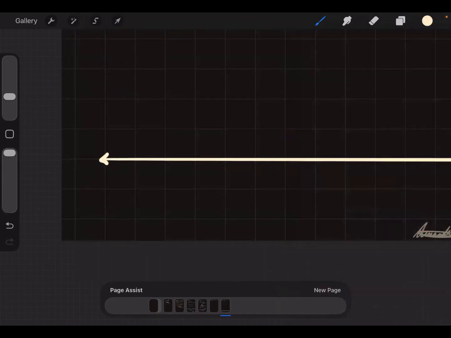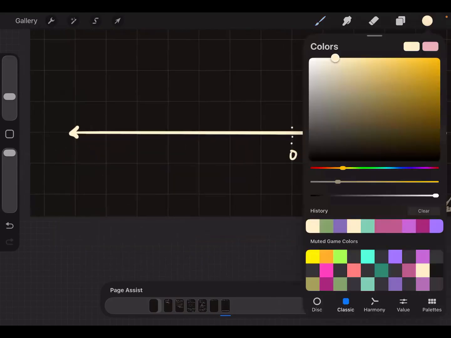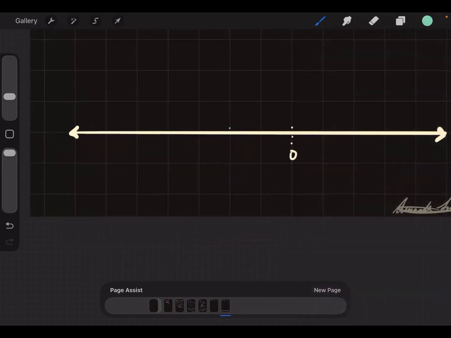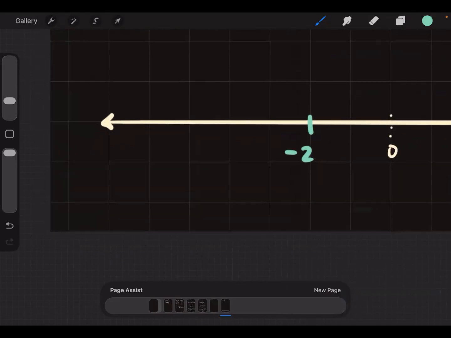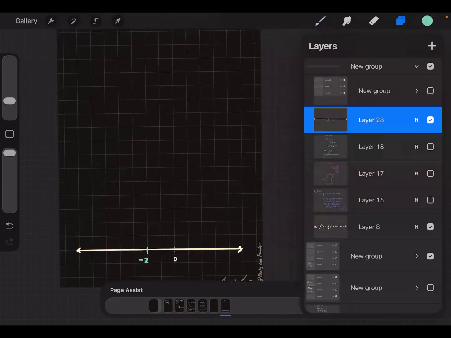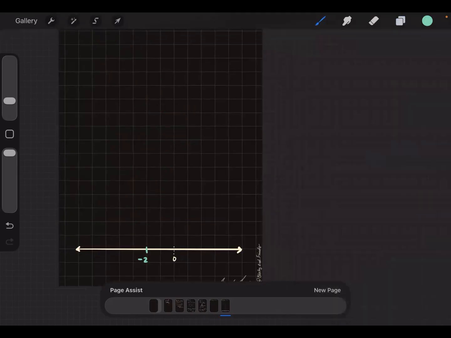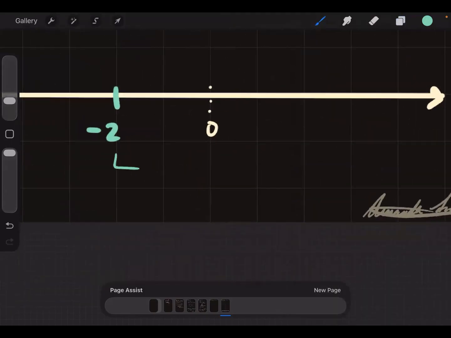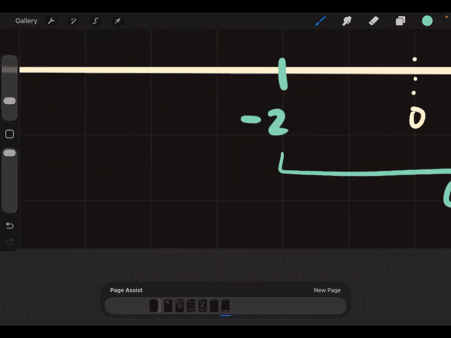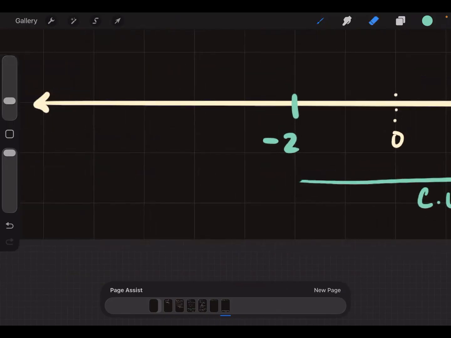0 like here, right? Let's put -2 like here, right? Which means you have concave up over here, not inclusive of -2, of course.